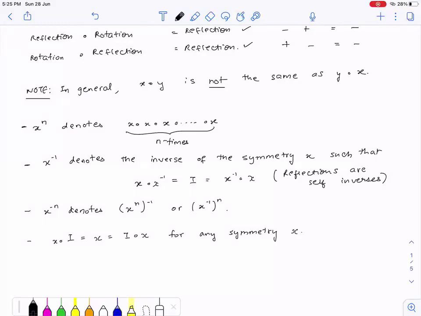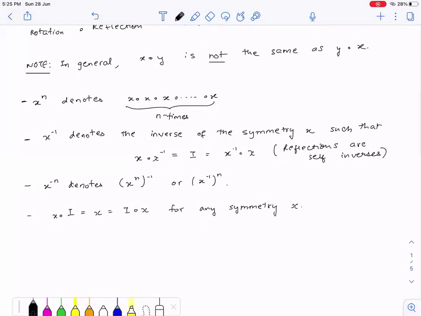This is what I mean when I say reflections are self-inverses. Then X to the negative n denotes the inverse of X to the n, or n times composition of X inverse. They're both the same thing.